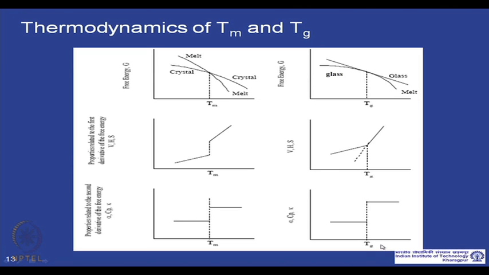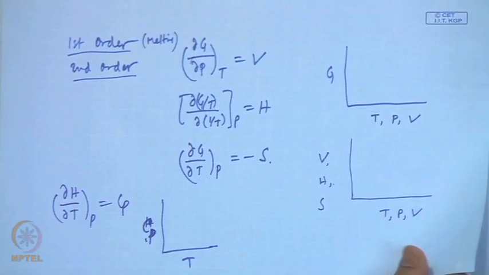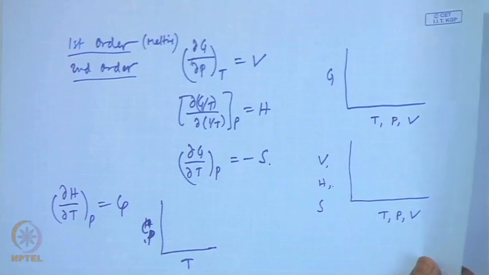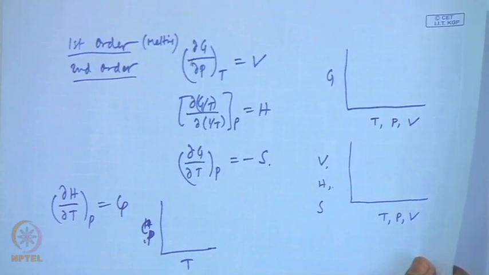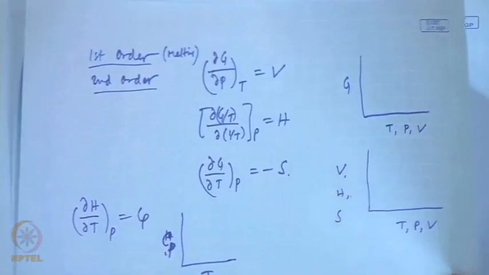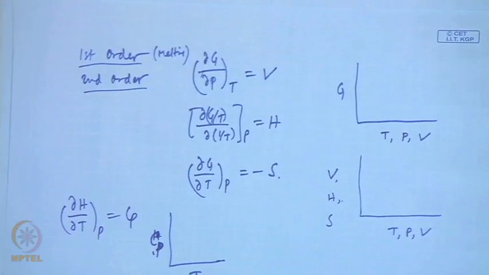Hence this is not a true second order thermodynamic transition, but for a particular heating rate the phase transition between a glassy state and a rubbery state resembles a second order thermodynamic transition.